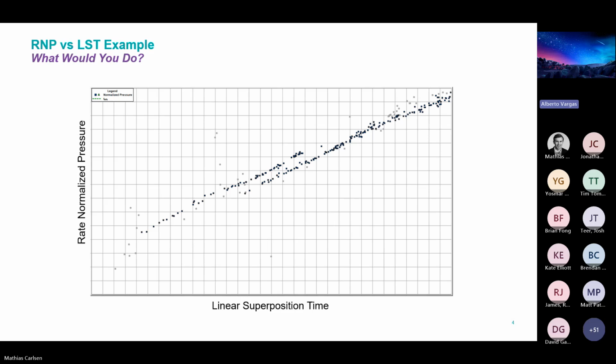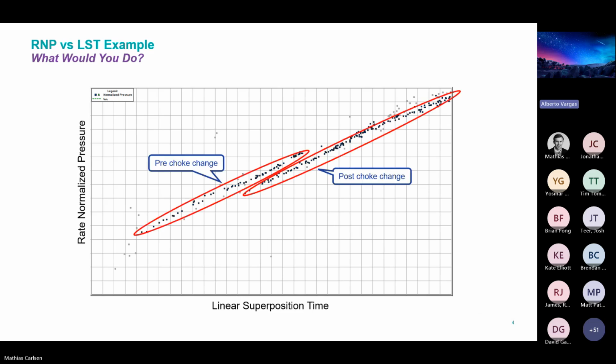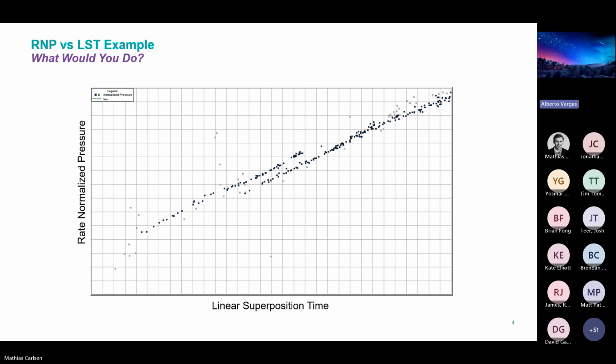And so coming back to our plot here, what we find is that all of the pre-discontinuity data is all of the pre-choke change data, and vice versa with the other data. When you're coming to this, some people would be tempted to fit a line through the beginning part, or fit a line through the post-choke change data, or try to split the difference in some way.